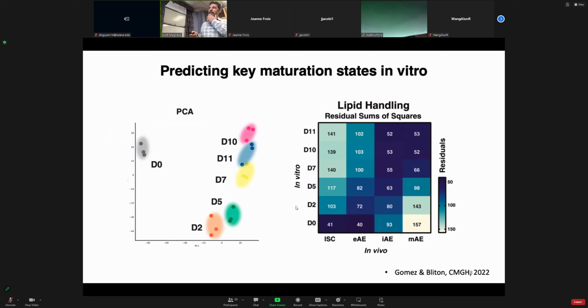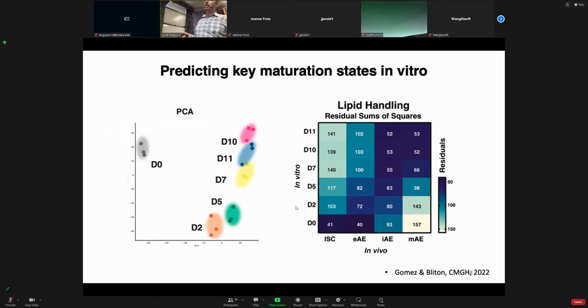On the left-hand side here are those transcriptomic data. Each dot is a different technical replicate. Day 0 is our stem cells. Day 2 is when we differentiated them. And you can see on the first principal component on the x-axis, there's a big jump between day 0 and day 2, which is what you would expect, because you're saying, okay, differentiate the stem cell.